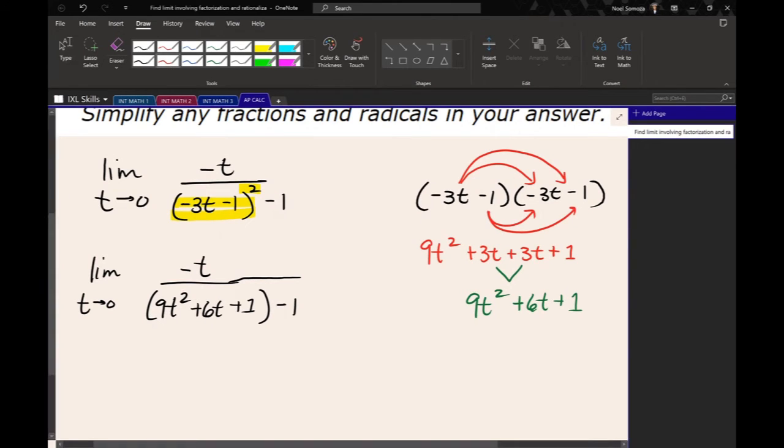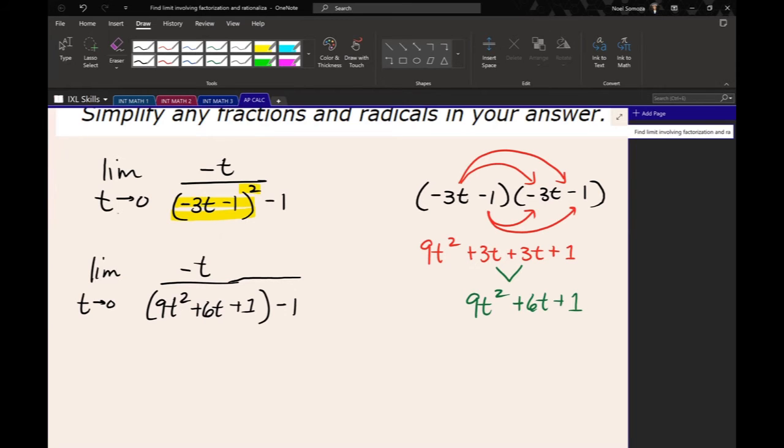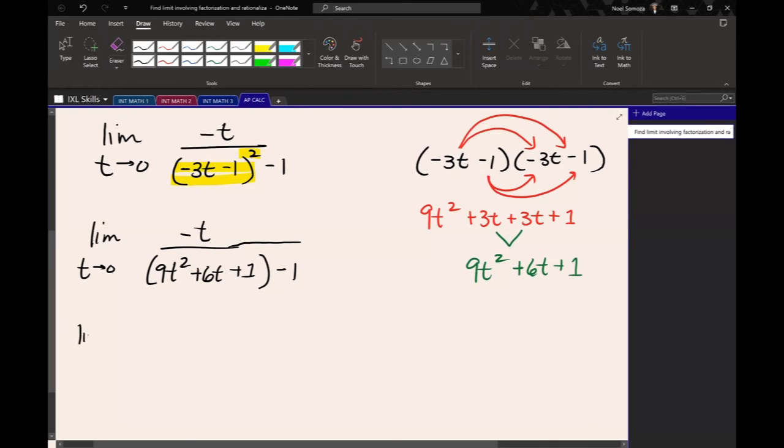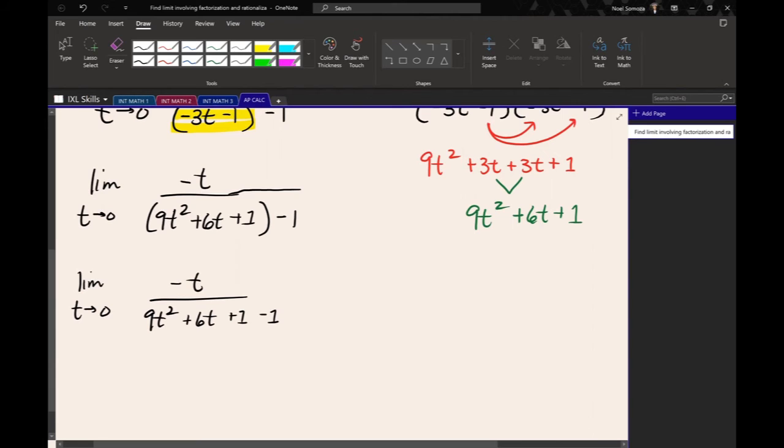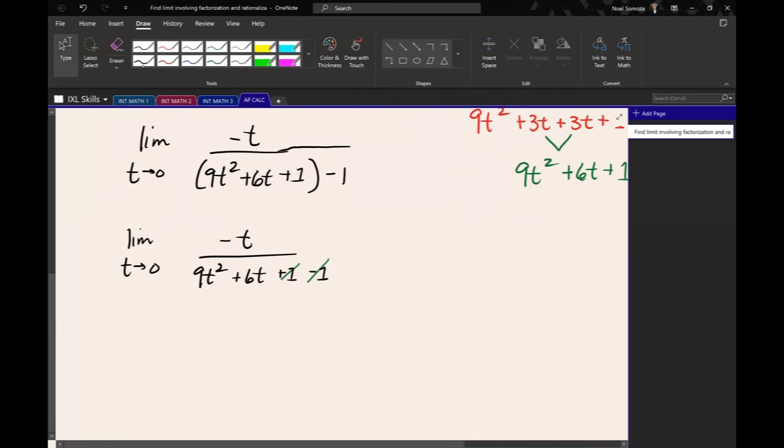There's nothing we need to distribute into those parentheses. So we can continue, drop the parentheses, and then you'll see that there is something that we can clean up. So we have negative t all over 9t squared plus 6t plus 1 minus 1. Okay, so then if you notice 1 minus 1, these add up to be 0.